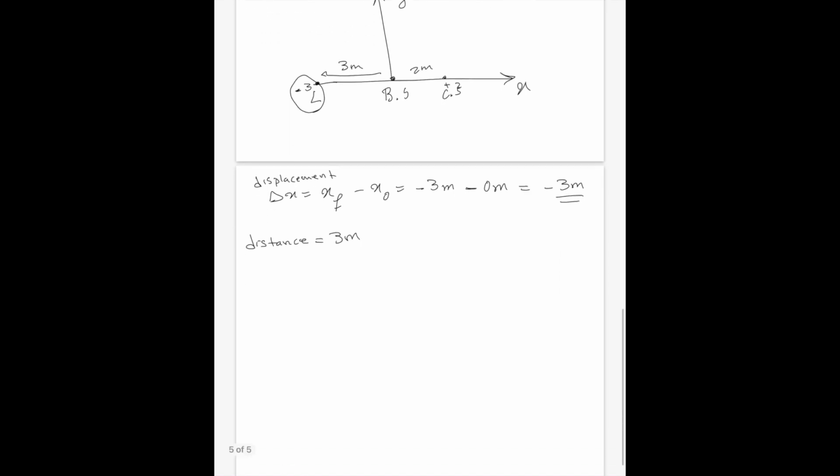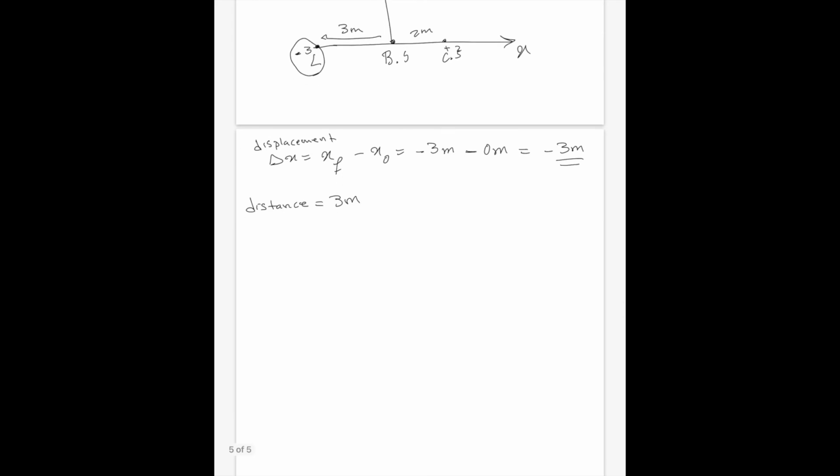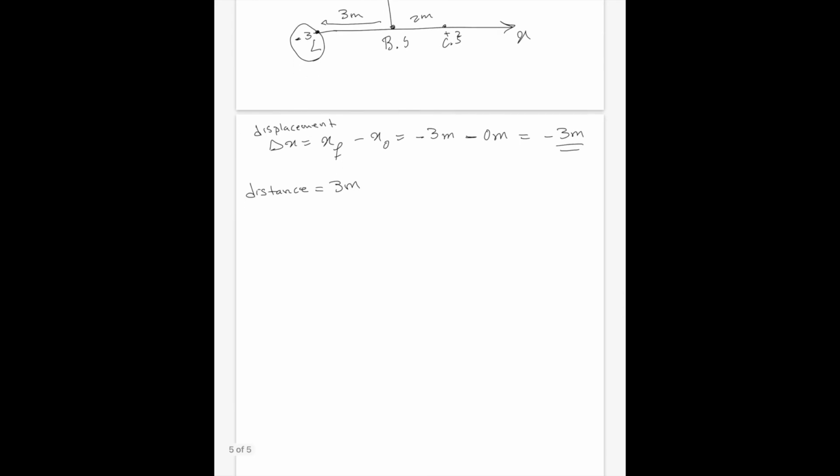But what about the total distance traveled? If you want to find the total distance traveled from the first time that you were standing in the bus stop, here's the bus stop, here's the coffee shop, here's the library.